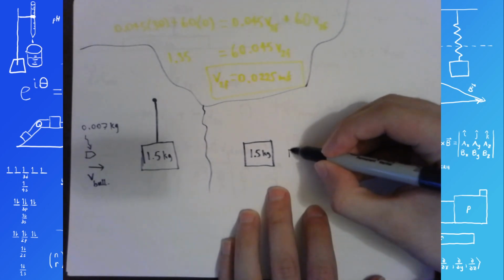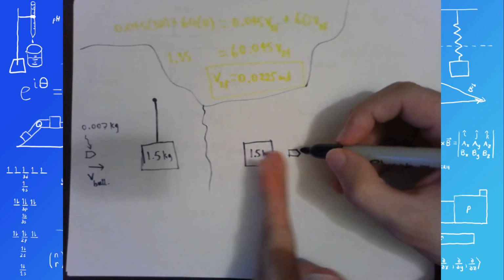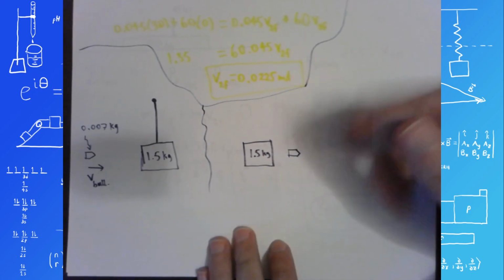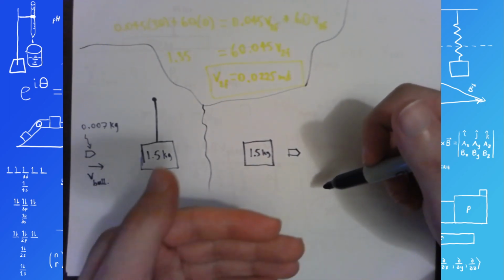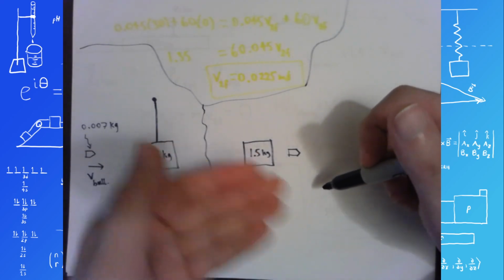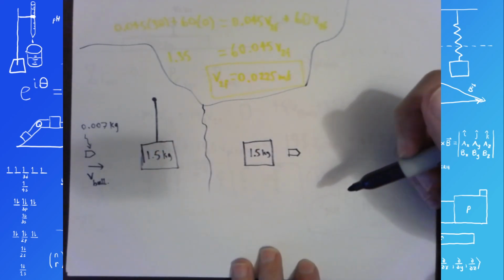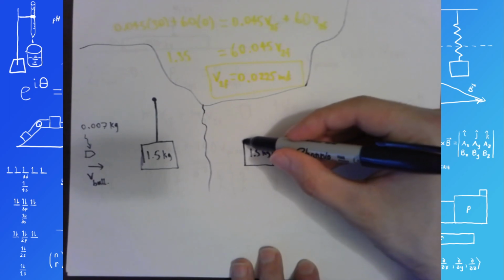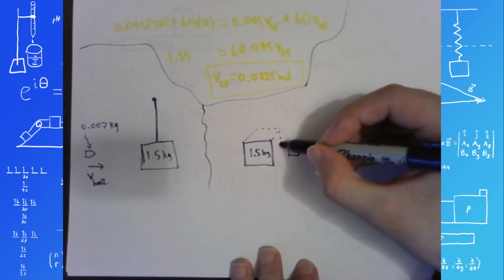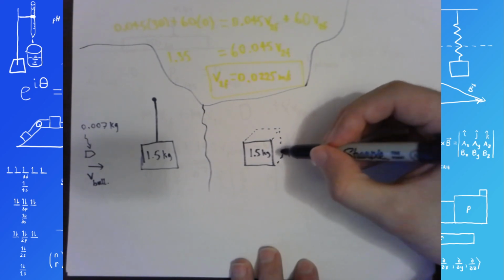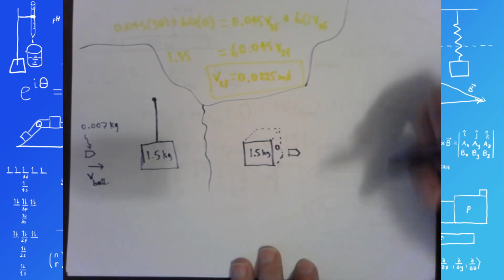Let's say that the bullet passes through and emerges, and I know I probably should draw a hole through this block, but let's pretend that the hole is in the part of the block that's behind the page. If I made this a more three-dimensional drawing, I guess the hole in the block would be somewhere like there.